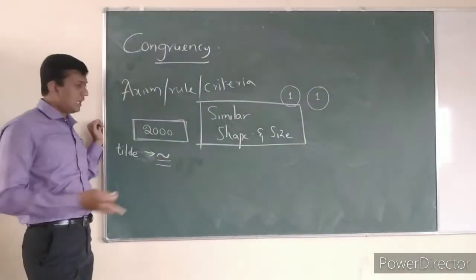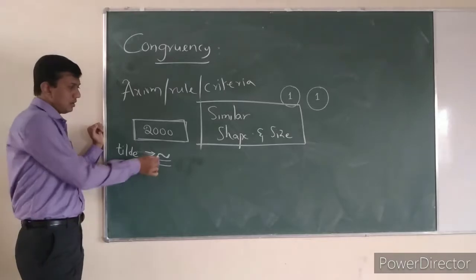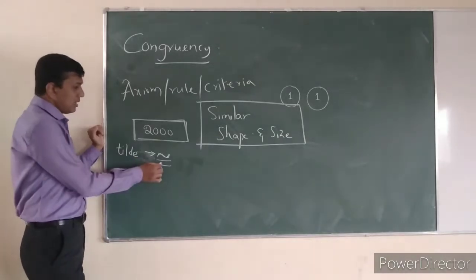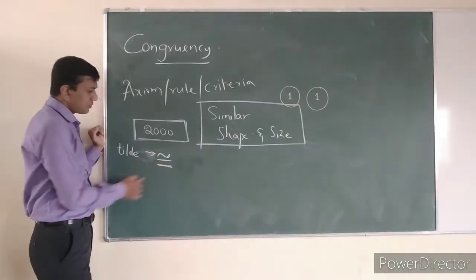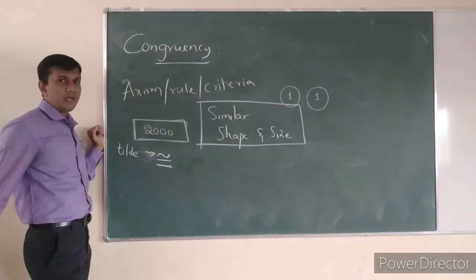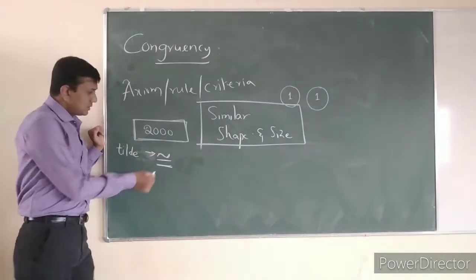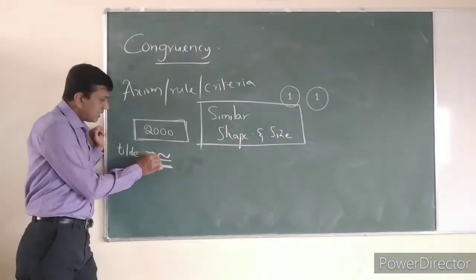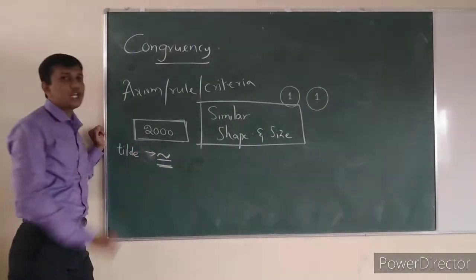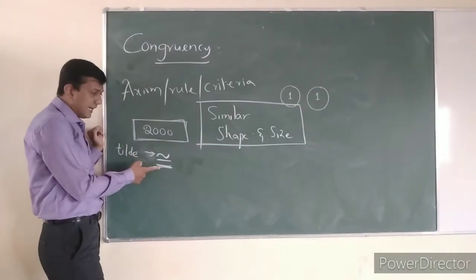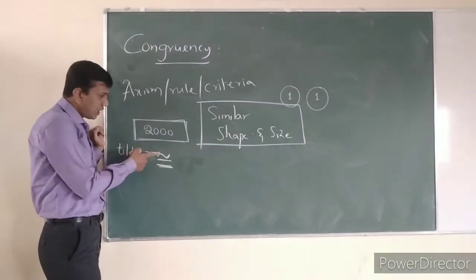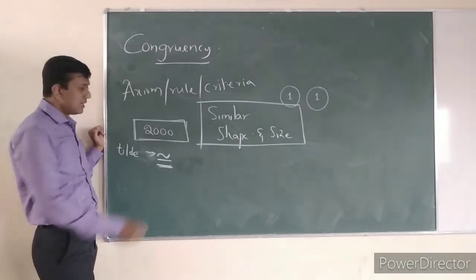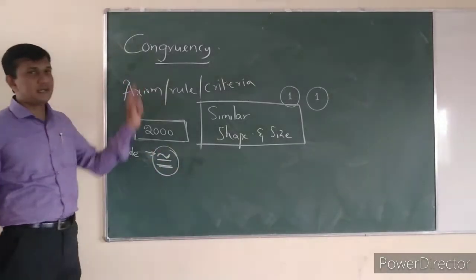You can see this type of symbol on a computer keyboard. The equal to stands for same size and the tilde stands for same shape. Similar size and shape, or similar shape and size. That's why this is the congruent symbol.